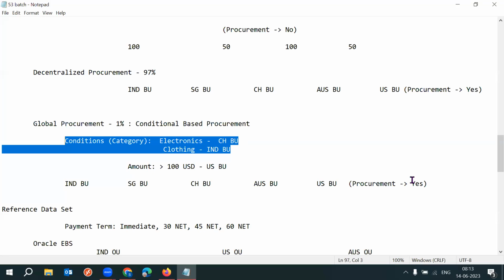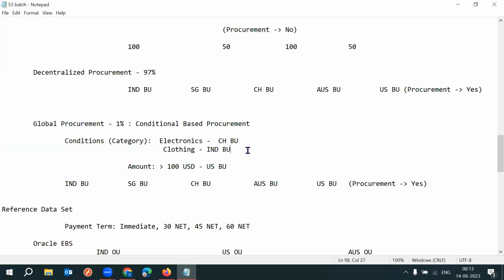So the business users are already aware that they are buying electronic products from the China BU. Since we wrote the condition here, the moment they order an electronic product, the system will automatically pick up the China BU. They don't need to select which BU it is, but they can see which BU is automatically selected by the system. Understood? Yes, sir. Thank you.